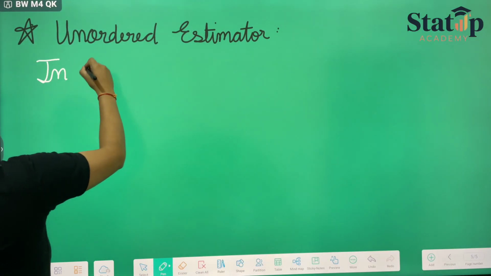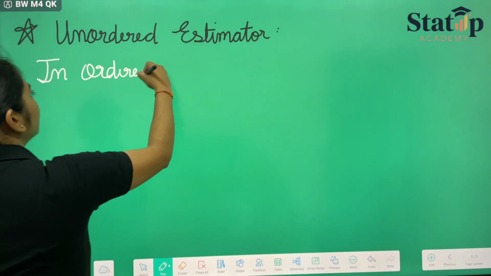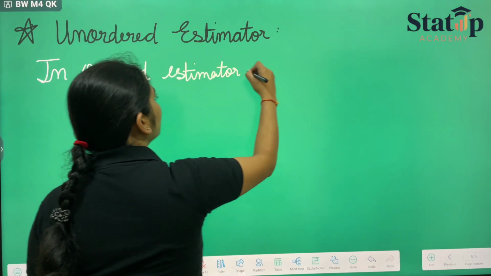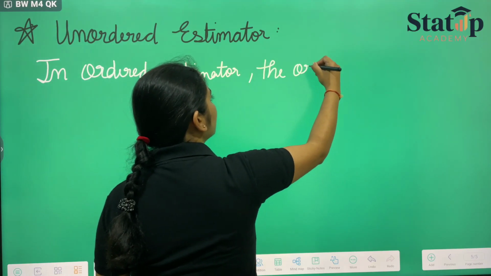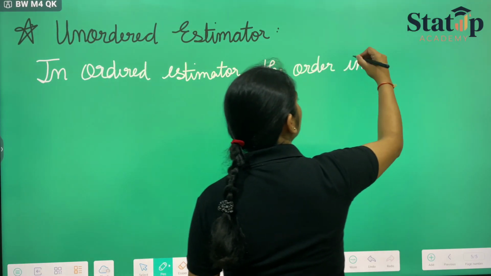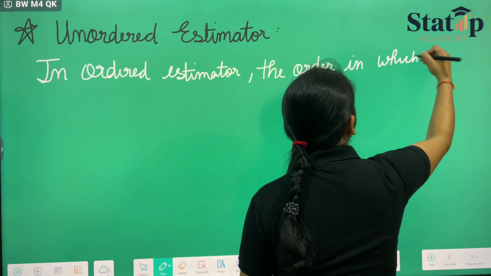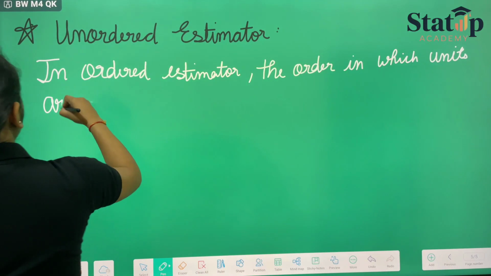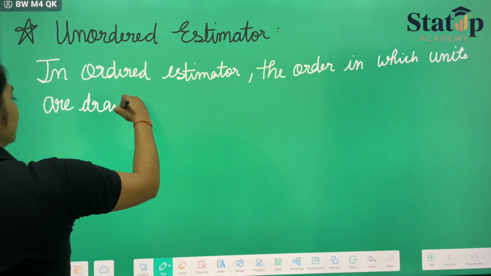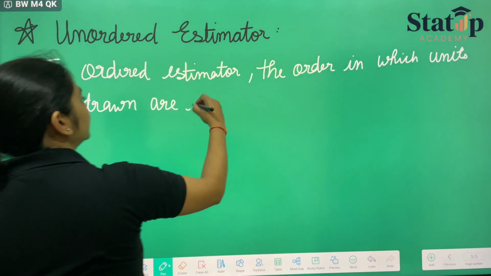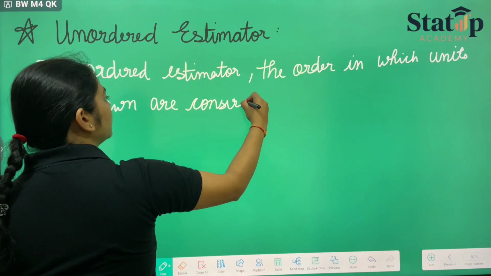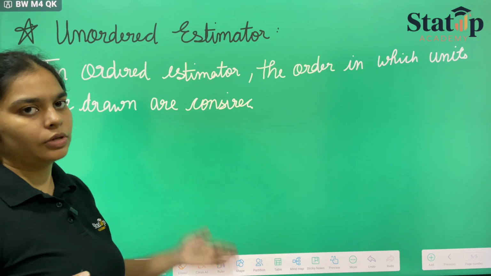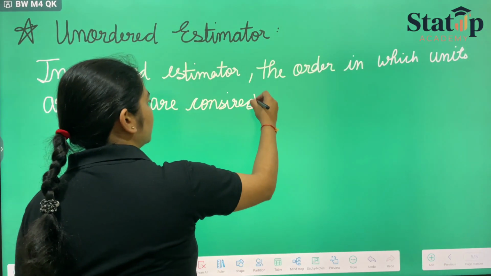In ordered estimator, the order in which units are drawn is considered. This is all theory, but we have been asked many a time the theories as well, so I'm making you write the theory.